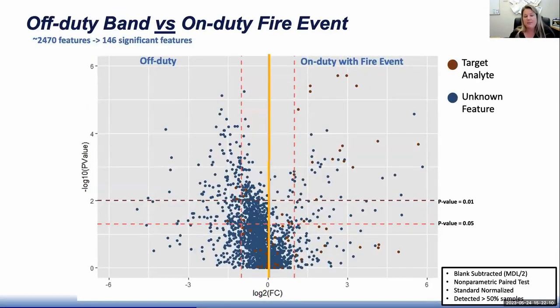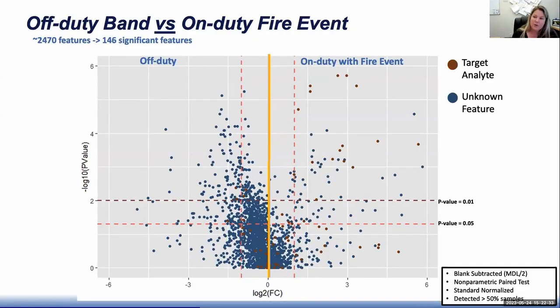Right, so here, for example, is a volcano plot from our wristband analyses where you're looking at both the target analytes, but also some of these other features that we were able to detect using high resolution mass spectrometry. So what I first want to draw your attention to is the yellow vertical line in the middle. If exposures were equal, we might expect these symbols to be symmetrical on both sides.